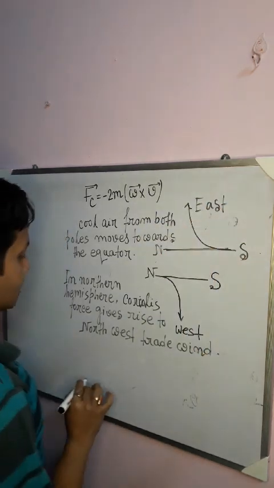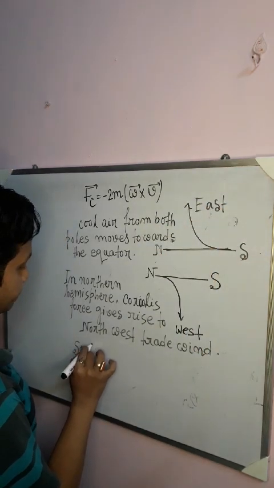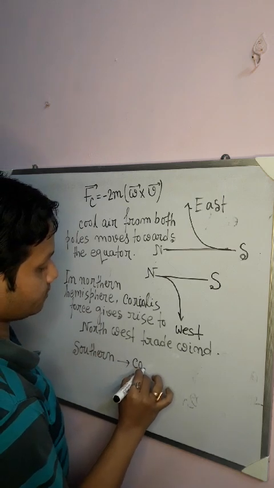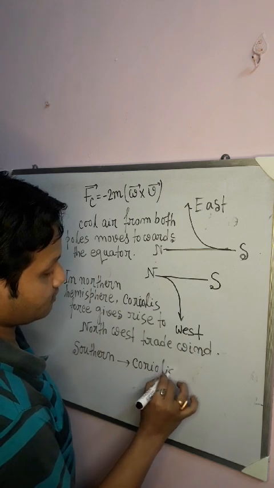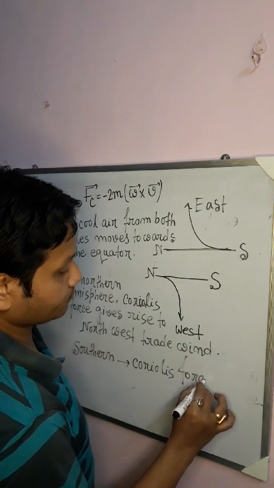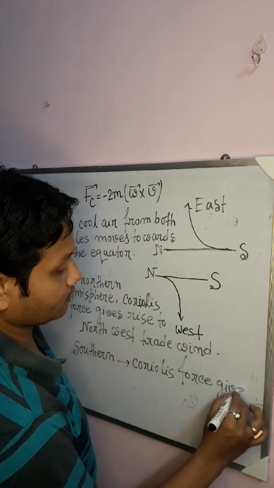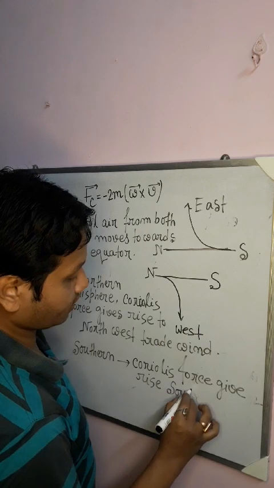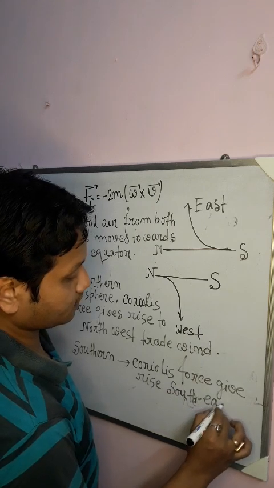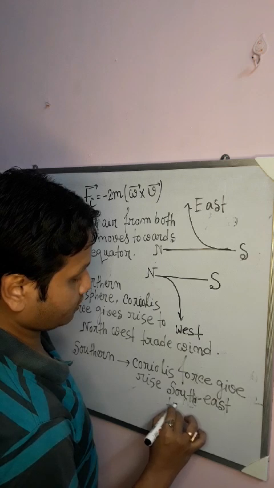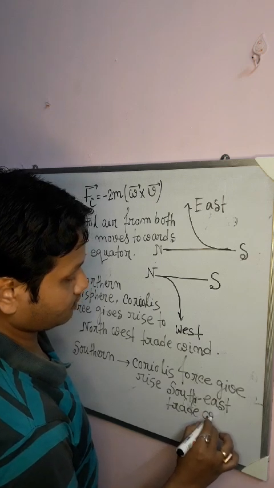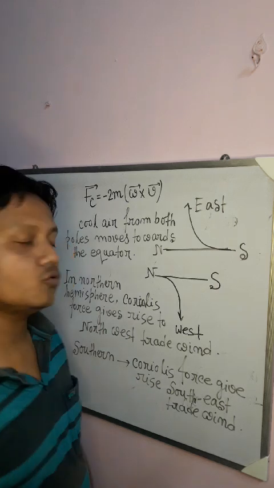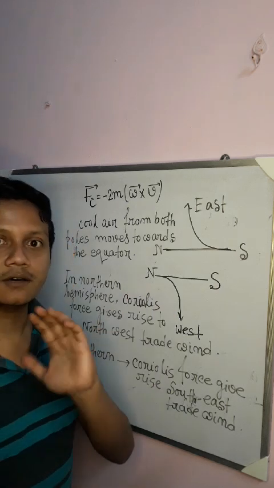Okay, so similarly in southern hemisphere, Coriolis force gives rise to southeast trade wind. Okay, so this is the deflection of air due to the effect of Coriolis force in northern and southern hemisphere.